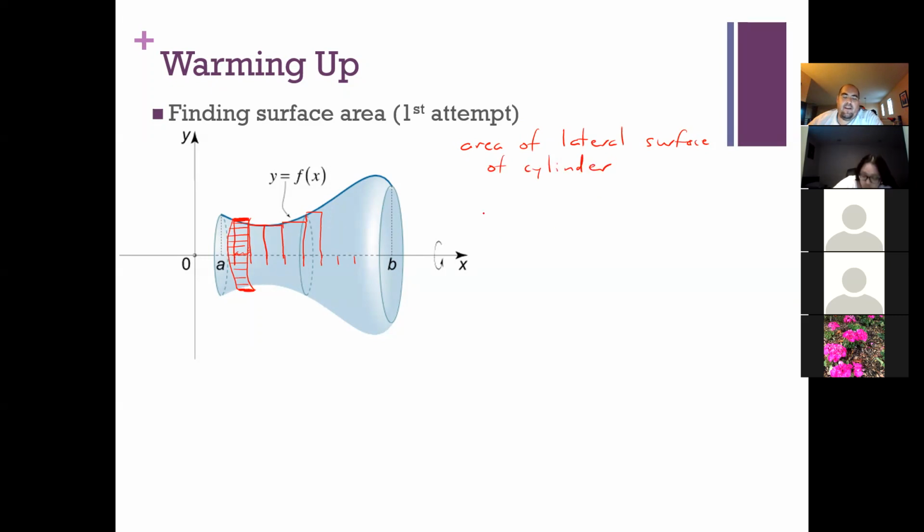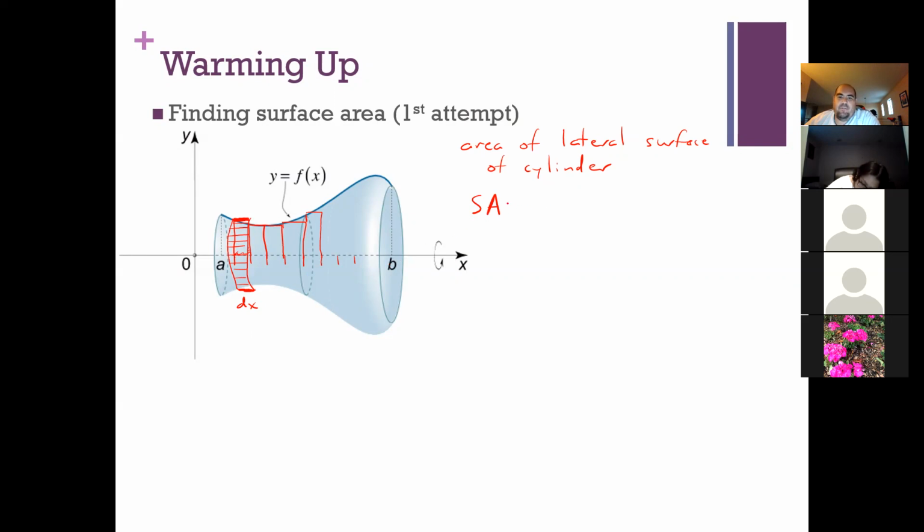So if I want to find that area, I'll call it capital S, capital A, so we don't confuse it with two-dimensional area, planar area. So let's say this is a dx wide interval. I want to find that area along that surface of the cylinder.